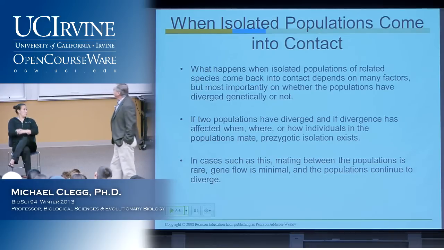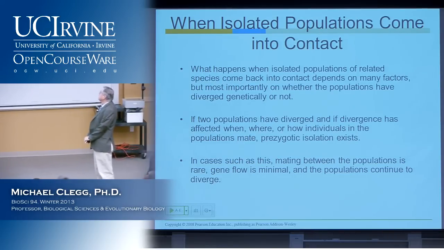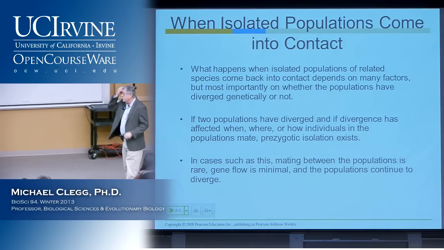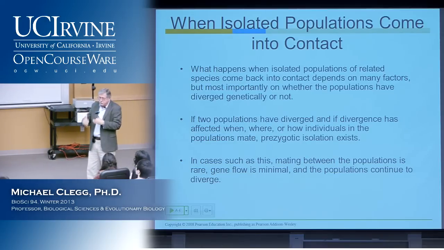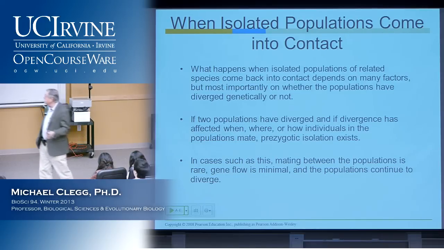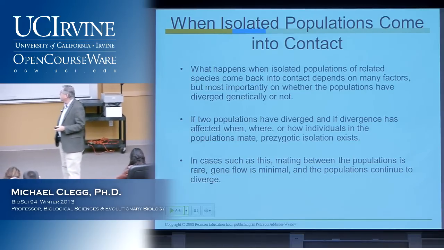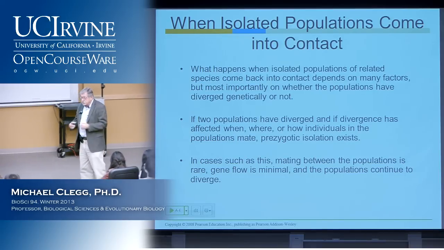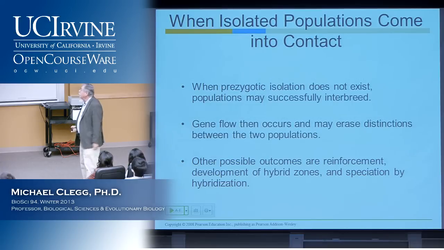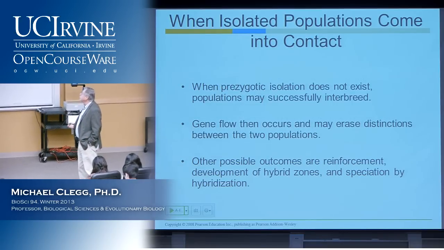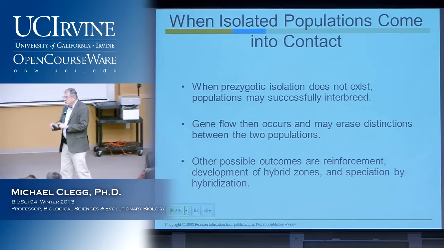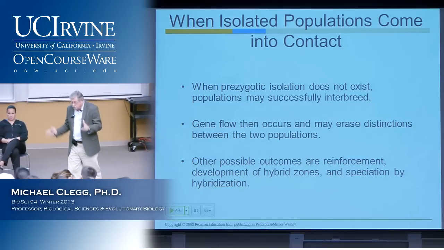Okay, so when isolated populations come into contact, there's a simple set of possibilities. Prezygotic isolation exists, and they'll continue to evolve independently. There's unlikely to be any gene flow between the populations, and they diverge. If, on the other hand, gene flow occurs, if it's possible, then there's also two possibilities.